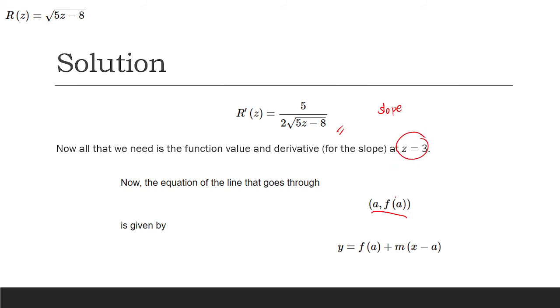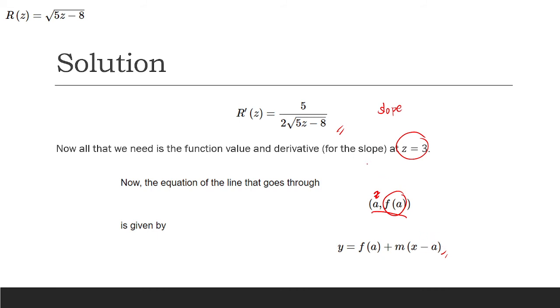So that's at a and f of a, where in this case your a is equal to 3, so you need to get f of 3. And it is given by y is equal to f of a plus m times x minus a. So this is your definition of a tangent line na diniscuss natin during the video on continuity and limits.